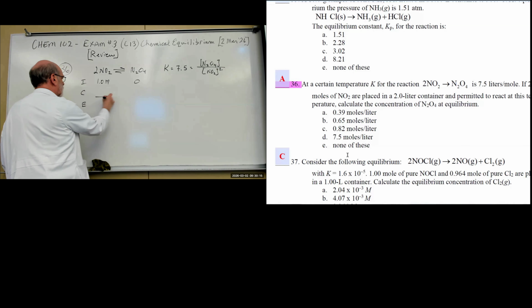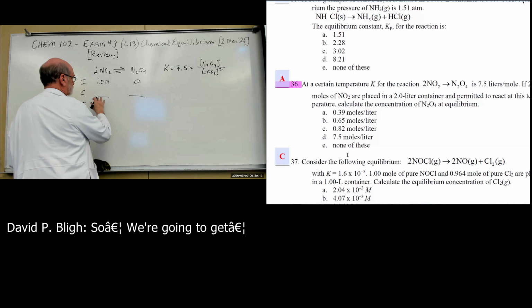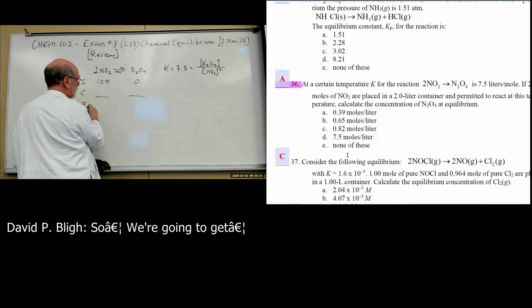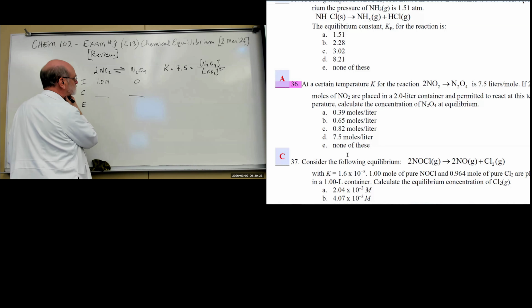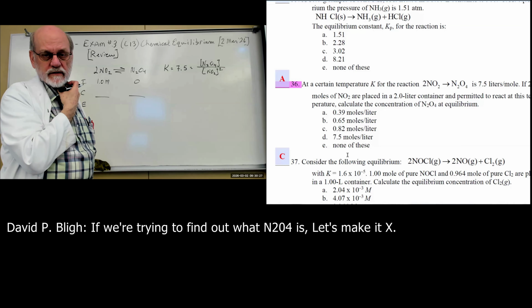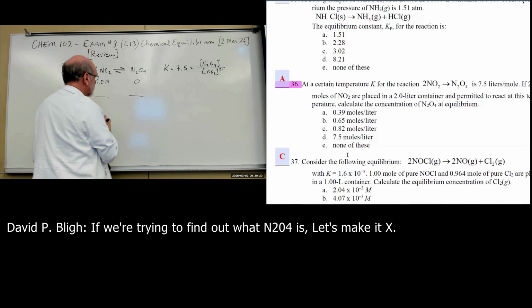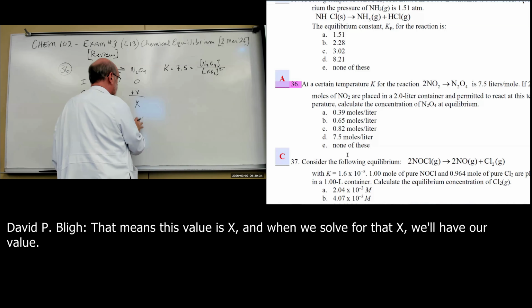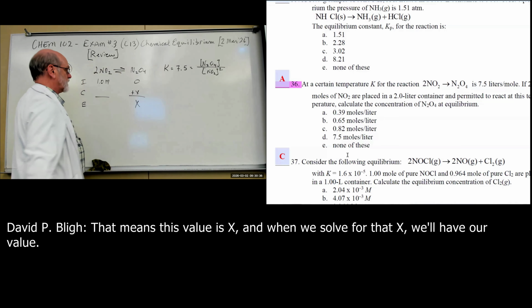Okay. So if we're trying to find out what N2O4 is, let's make it X. That means this value is X, and when we solve for that X, we'll have our value.